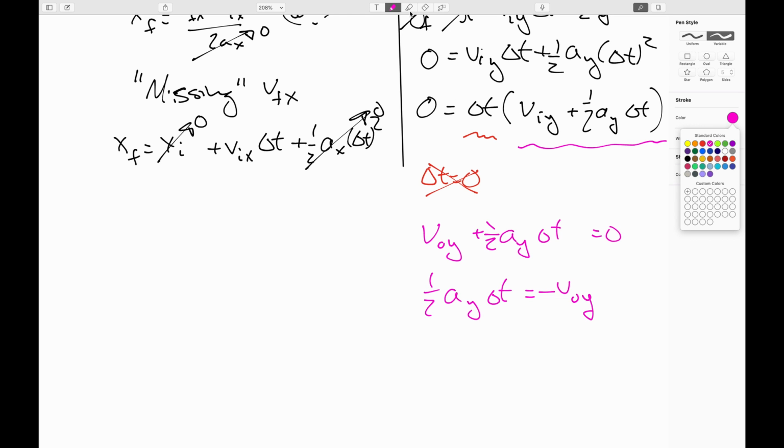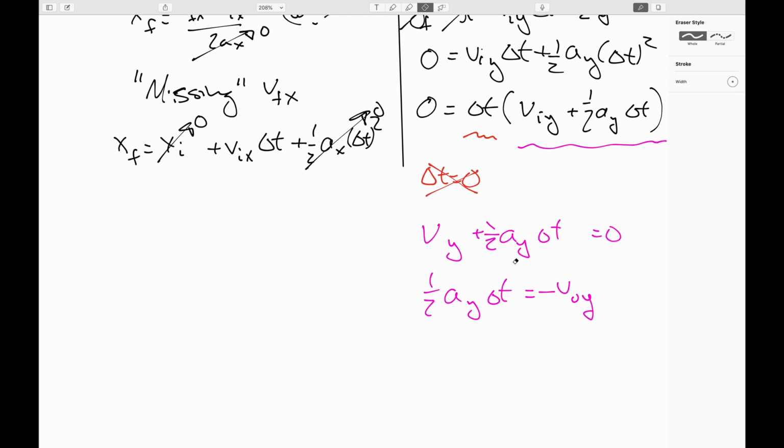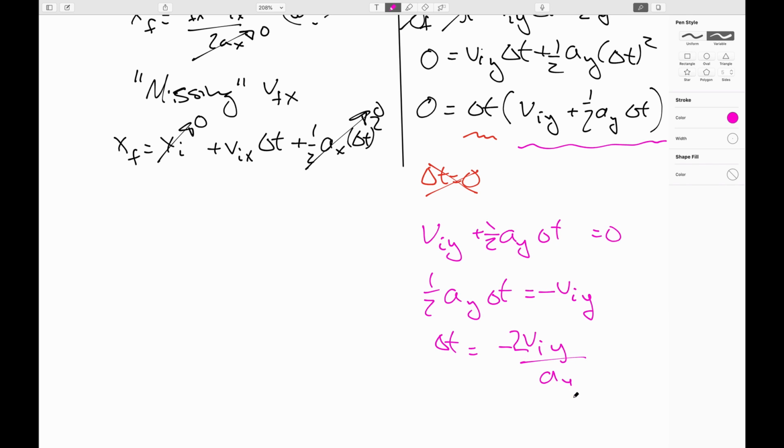Right, and V initial is there and there. My apologies. All right, so then we get that delta T is equal to minus V initial Y, multiply both sides by 2, divide by A Y. Cool.